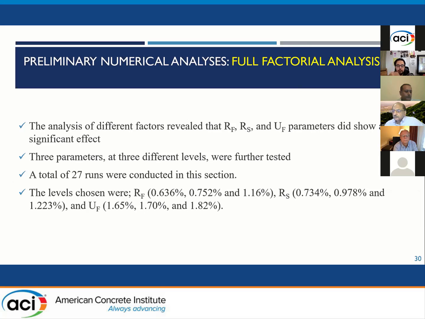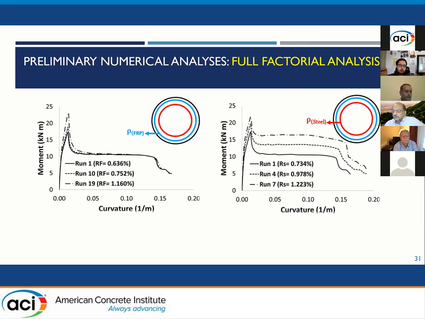These parameters were taken into a full factorial analysis at 3 different levels. You can see here on the left-hand side, changing the GFRP reinforcement ratio from 0.64 to 1.15 did increase the section capacity by about 40%, but the post-peak capacity did not show much increase, and the energy dissipation by the section is almost the same.